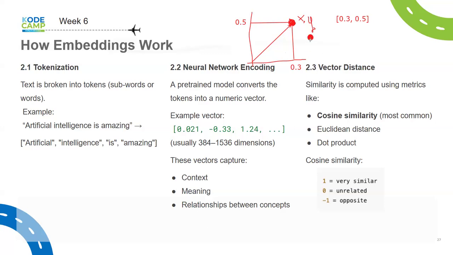I can also draw, let's use a different color. Okay, so I have a second point in space, representing a second embedding, a second concept, right? And that one also has its own X and Y.